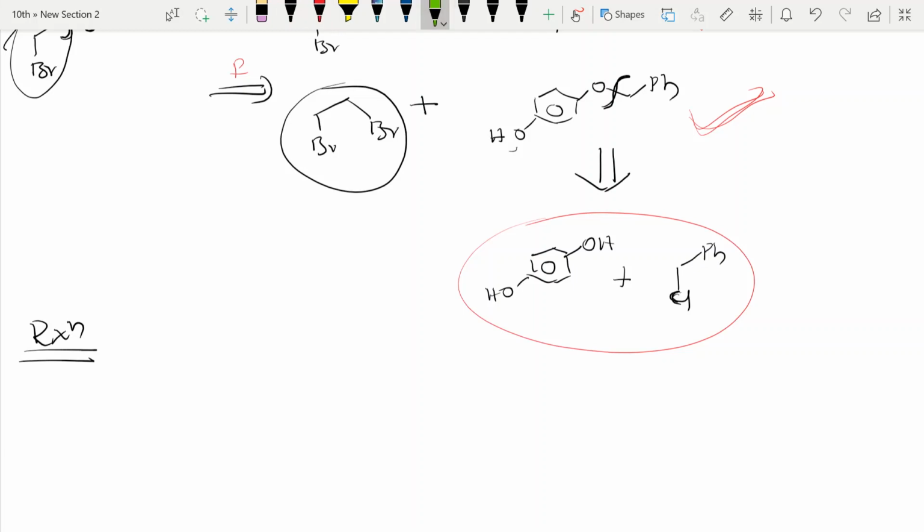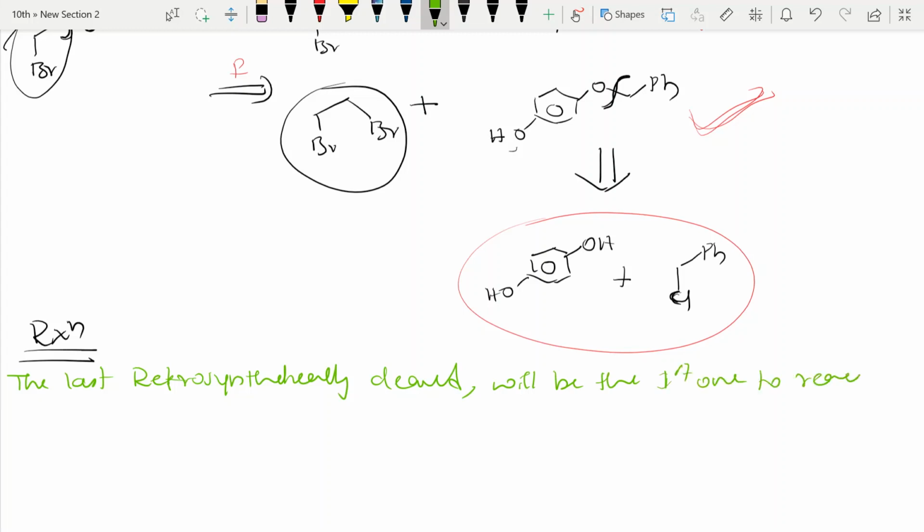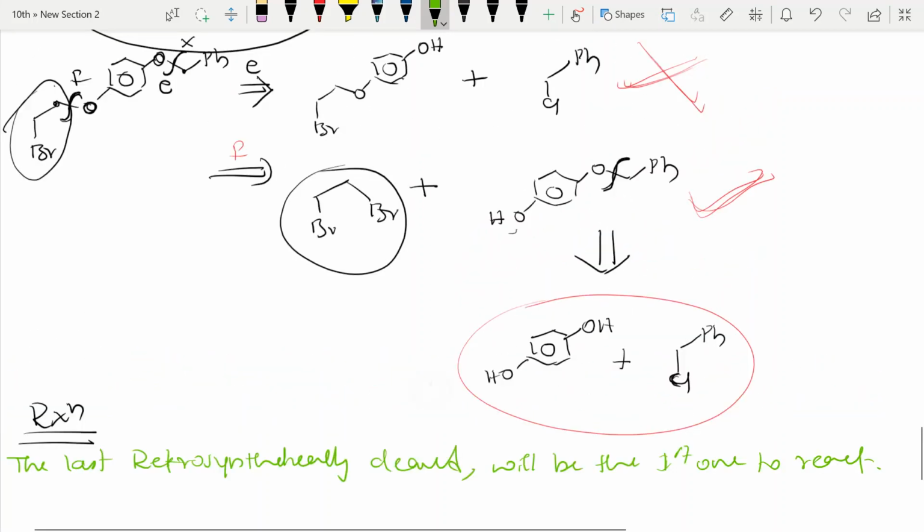So the last retrosynthetically cleaved or disconnected bond, you can write, will be the first one to react. That thing you remember. So here this is my retrosynthesis.